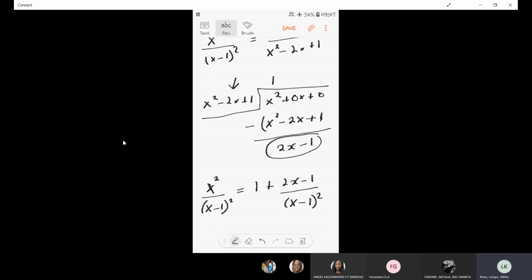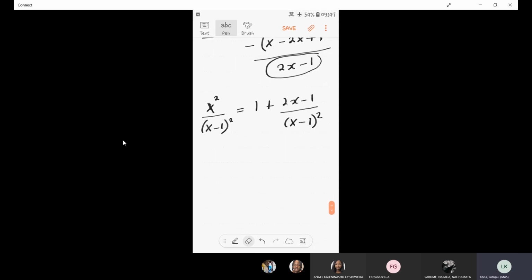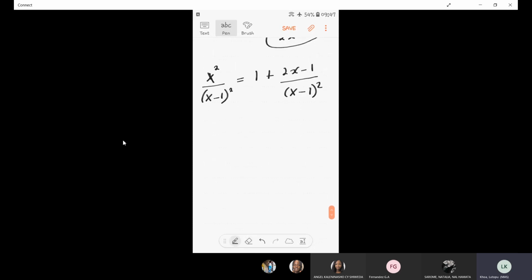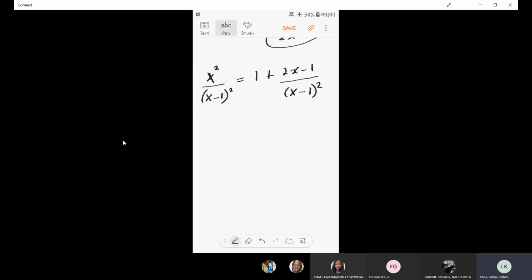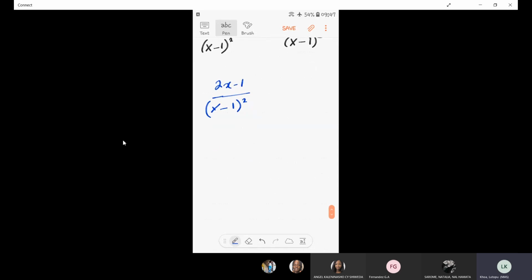Okay, now my degree over here, the numerator is less than in the denominator, then I can proceed with decomposing. Okay, so I'll write it in a different color. So I have 2x minus 1 over x minus 1 squared. So this is linear, but they are repeated.